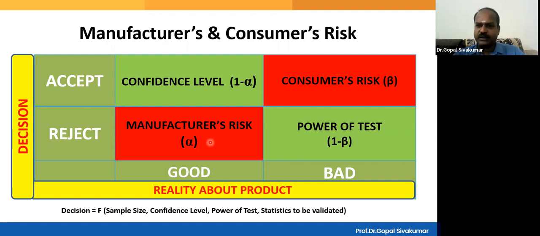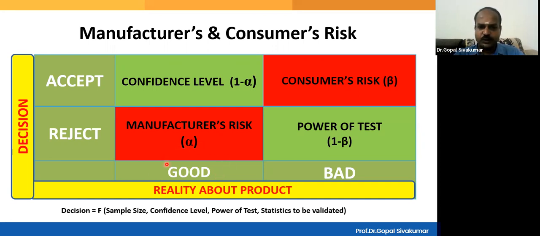If the manufacturer risk associated is 5%, it simply means the remaining 95% of the time, whatever you observe in the sample will exactly reflect in the population. That means 95% of the good lots are accepted based on the sample study.